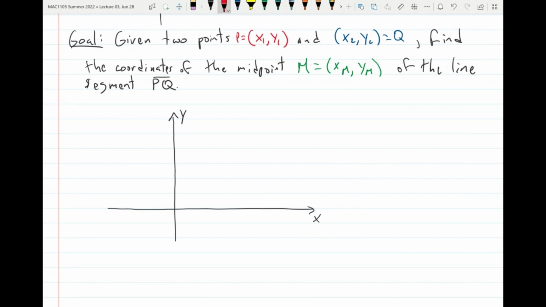Let's say that x1 is somewhere in here, and y1 is somewhere in here. In other words, here is our point P. Then let's say that x2 is somewhere in here, and y2 is somewhere in here. Here is the point Q.